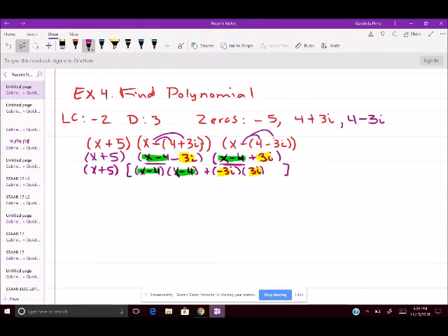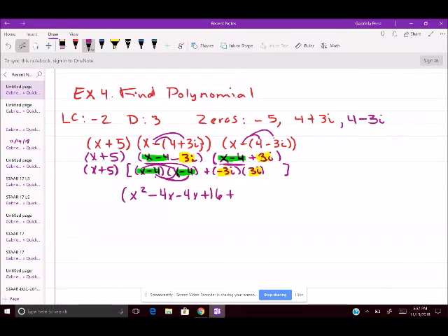So now I have to work with the FOIL in here. So x times x, x squared, x times a negative 4, negative 4x, negative 4 times x, negative 4x, and negative 4 times a negative 4 is a positive 16.